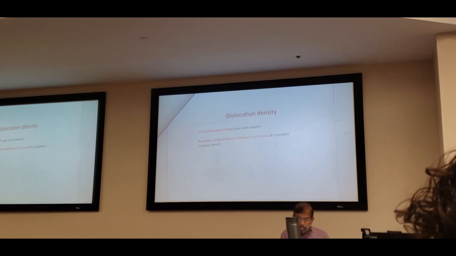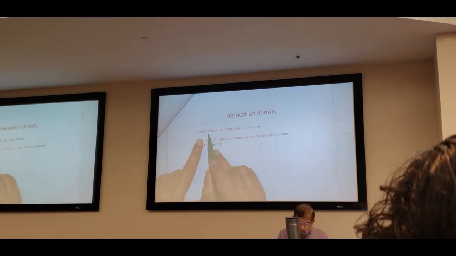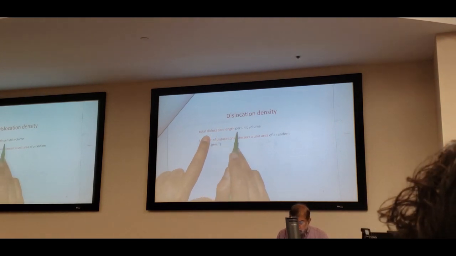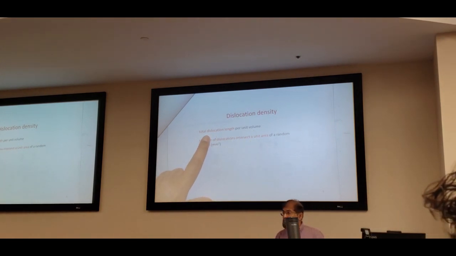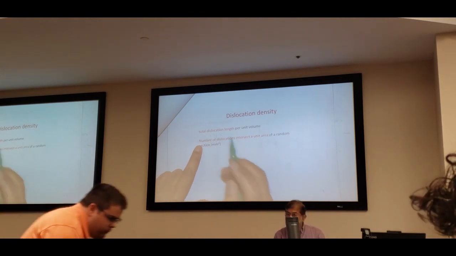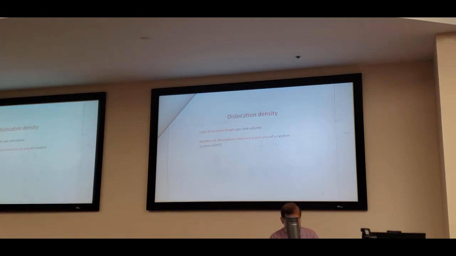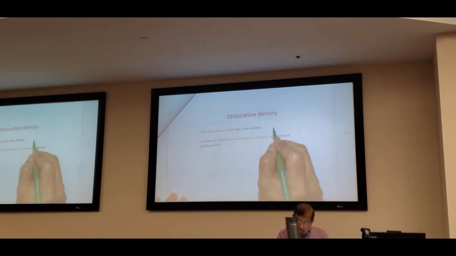So dislocation density. Dislocation density is the total dislocation length per unit volume in a given sample.